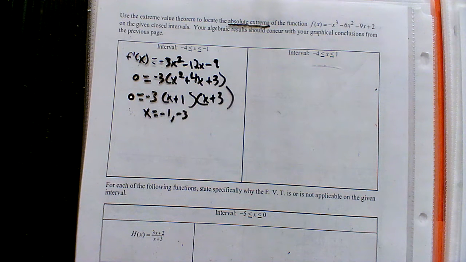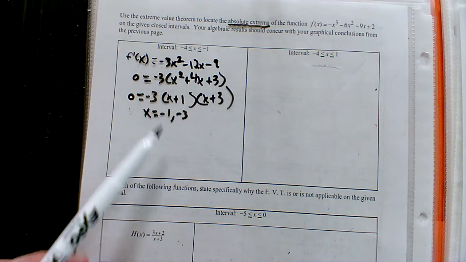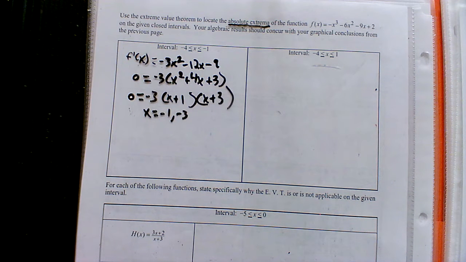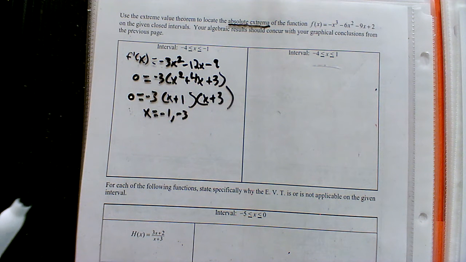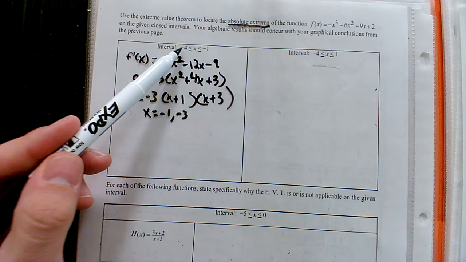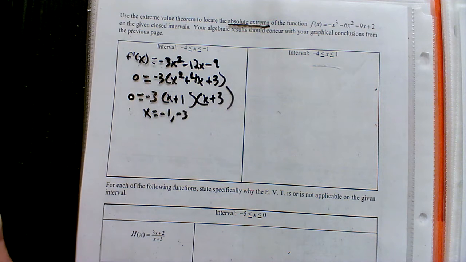F prime of x is undefined. Undefined? And when the derivative is 0. So if the derivative is 0, that's when you have a min or max. It could possibly be an absolute also. Whenever it's undefined, well, we don't have any spots in this one where it's undefined. And endpoints. So when they give you an interval, these are endpoints.